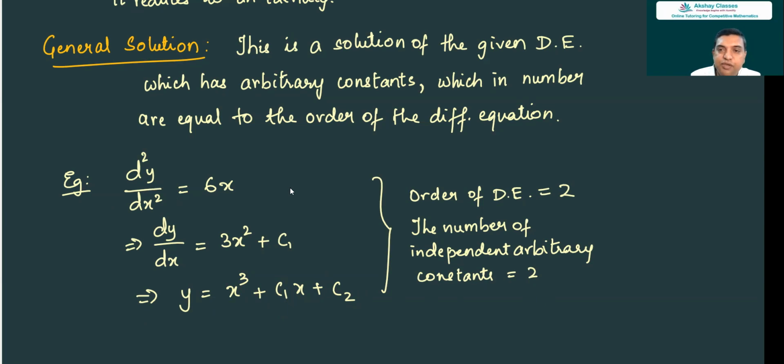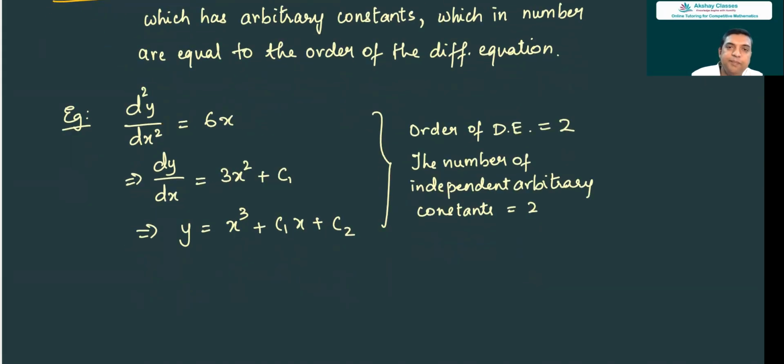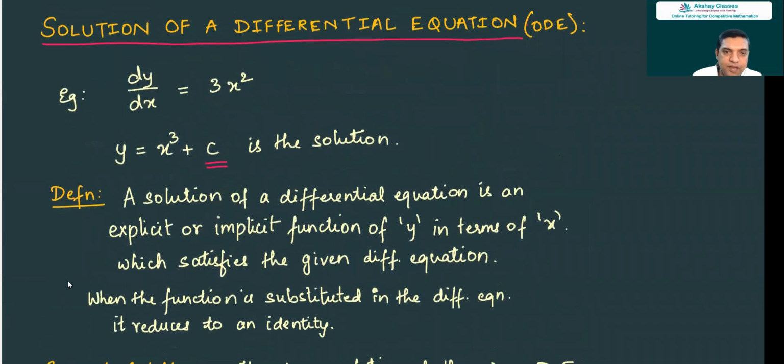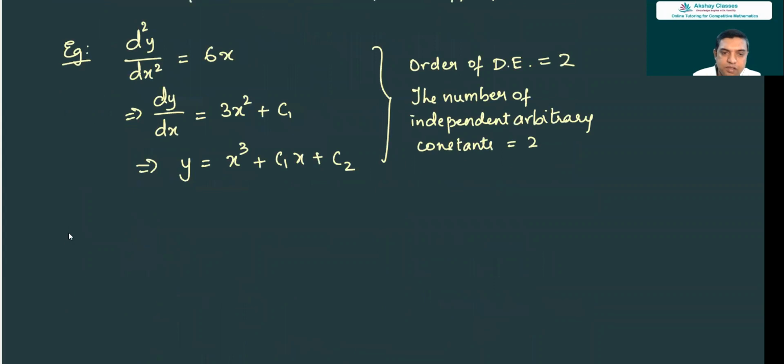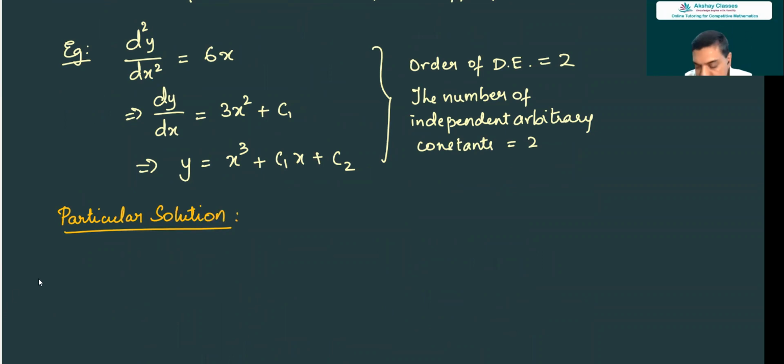So this is called the general solution, or the complete primitive, another word for it. Then we have the particular solution. A particular solution does not have arbitrary constants, but you have to give particular values to the arbitrary constants based on some given conditions.